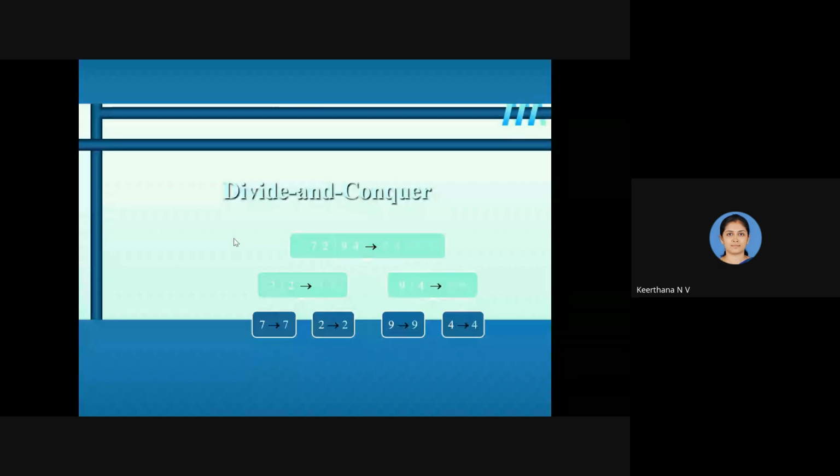In this divide and conquer technique, we are going to discuss merge sort. It is a very effective sorting technique. This diagram is representing merge sort.